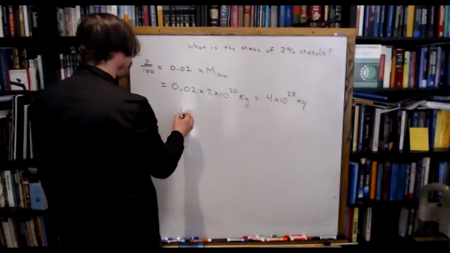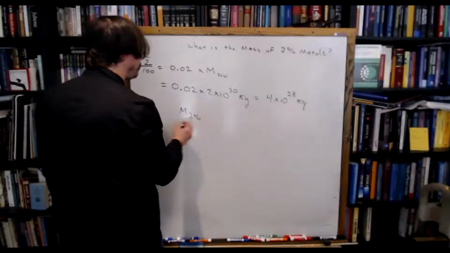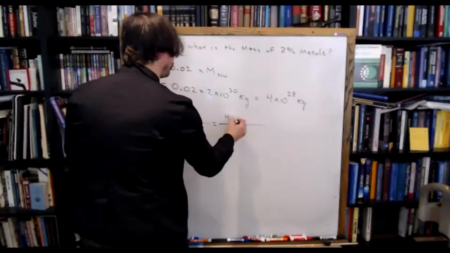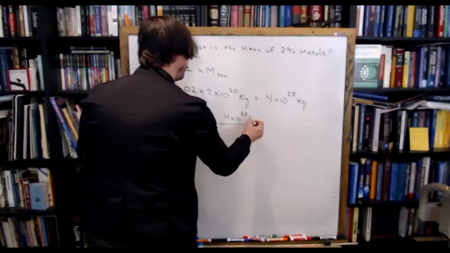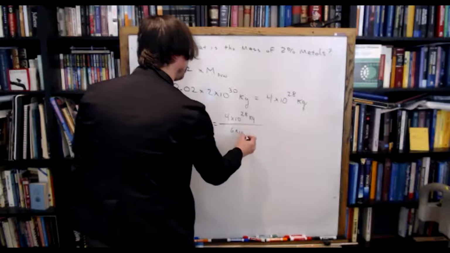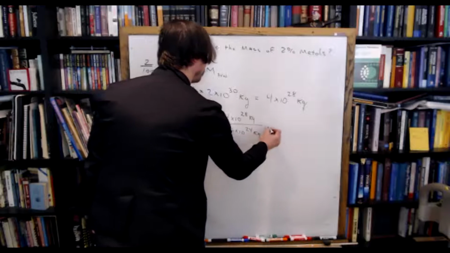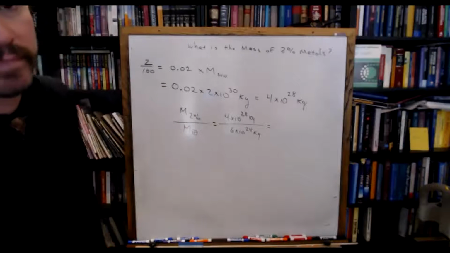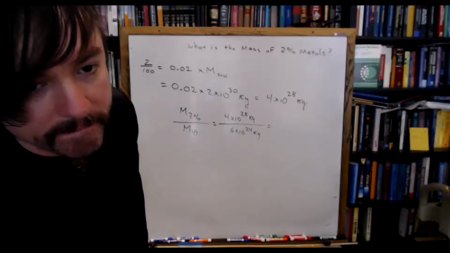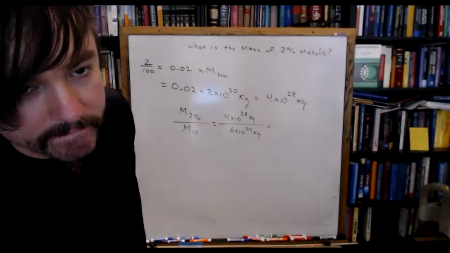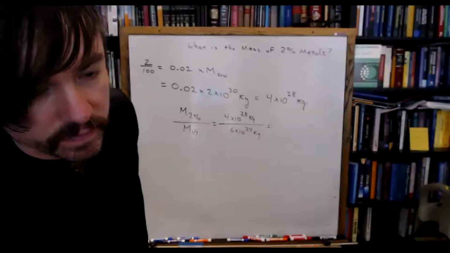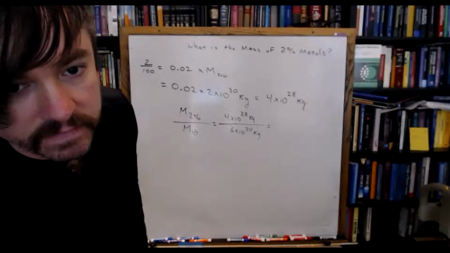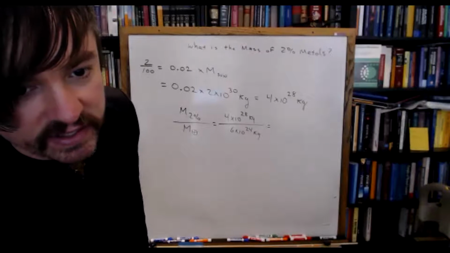Let's compare. The mass of the 2% metals divided by the mass of Earth is the ratio of 4 times 10 to the 28 kilograms over 6 times 10 to the 24 kilograms. What's that get you? Work that out for me. 6,667.